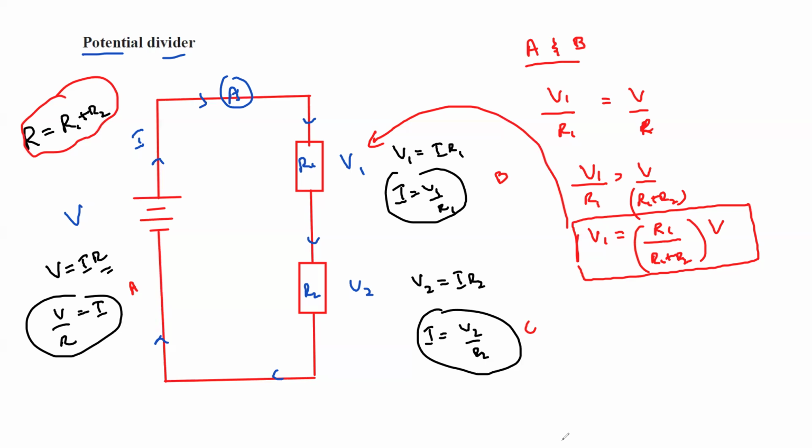The EMF is equal to the potential difference, and we used that to derive the formula for the combined resistance of the circuit, that is R equals R1 plus R2. But in this case, we are comparing the currents to know the voltage across an individual component. If I need the voltage across this component, it is the resistance of that part divided by the sum of the resistances, times the combined voltage V.